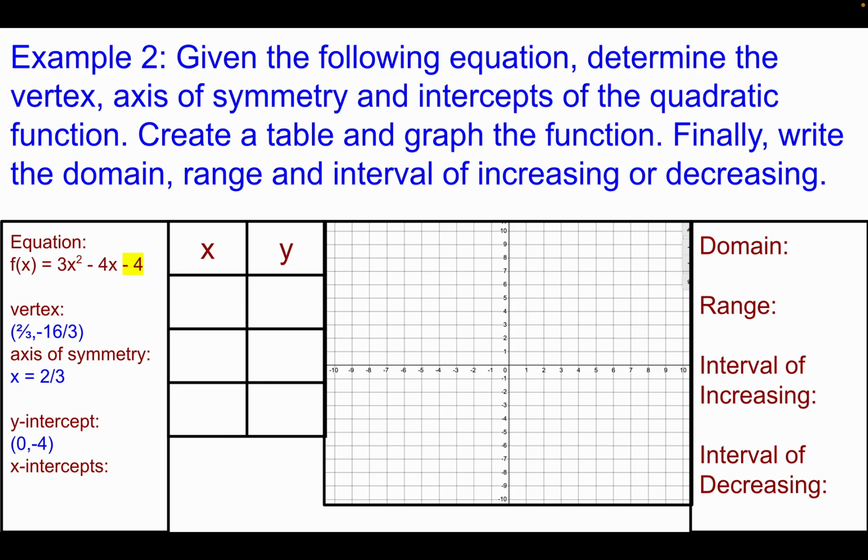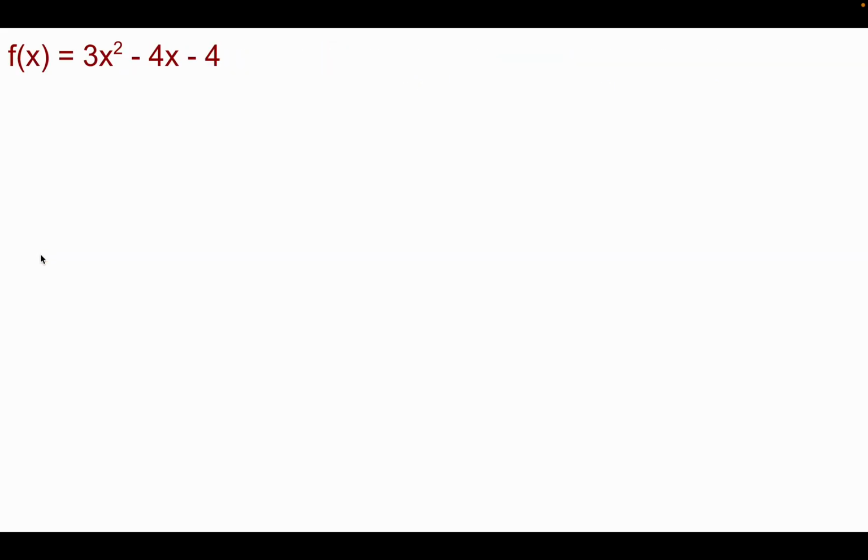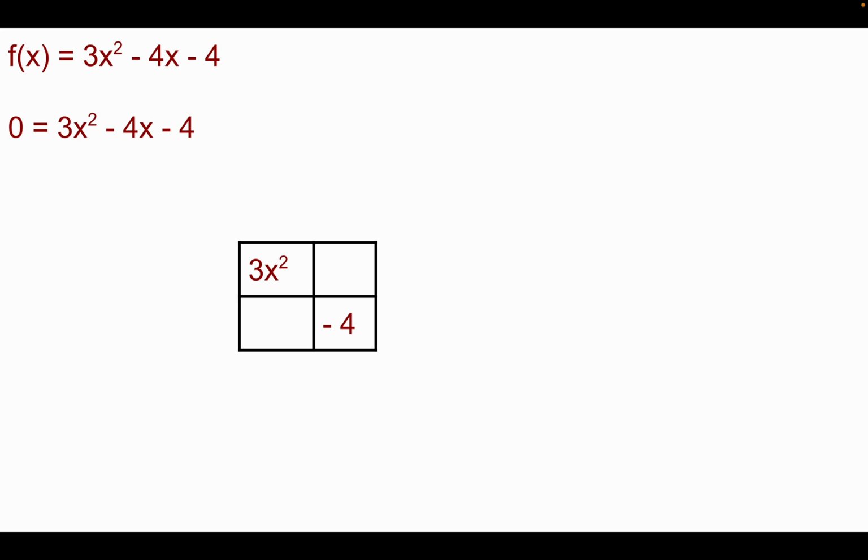And then to get the x-intercepts, we're going to take our function, and then we're going to set it equal to 0. So we're going to say f of x is 0. So I'm going to show how to solve this two different ways. The first way I'm going to show is by factoring. So we're going to create a box.